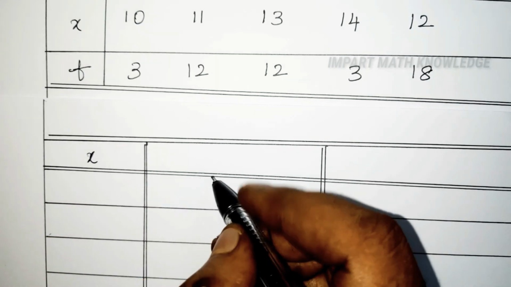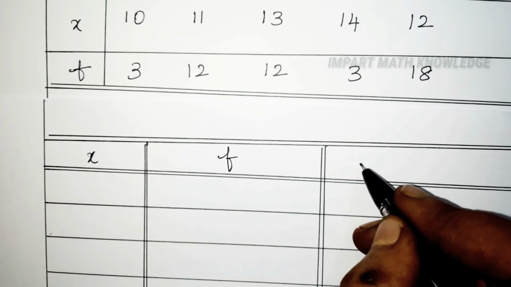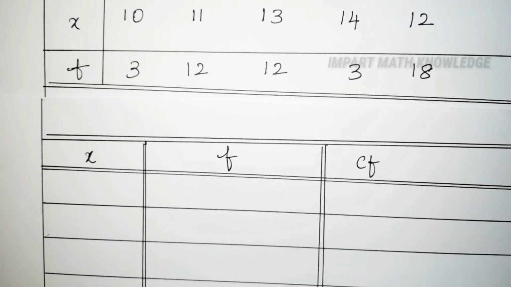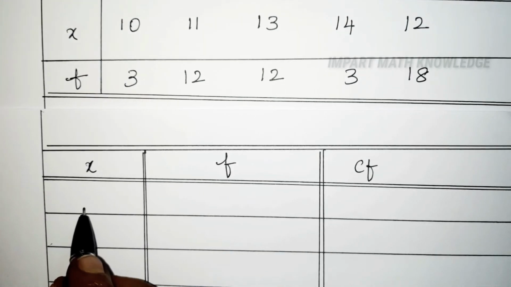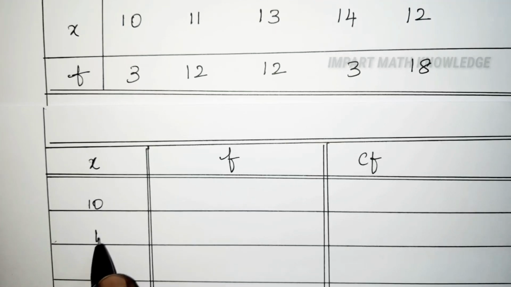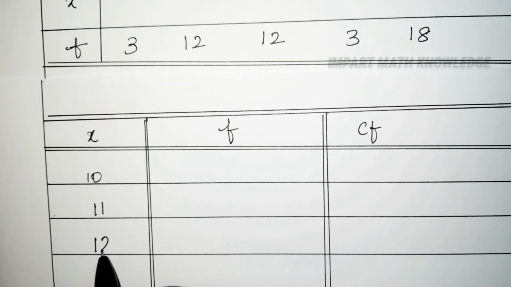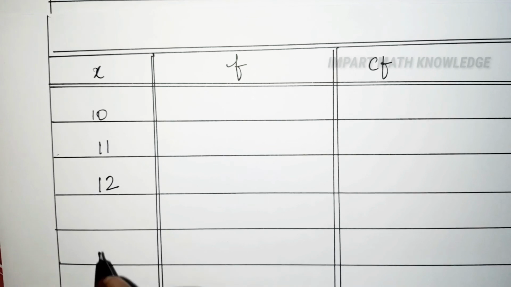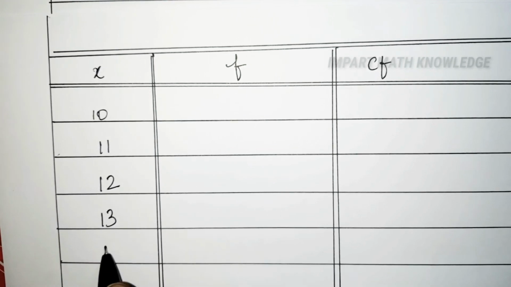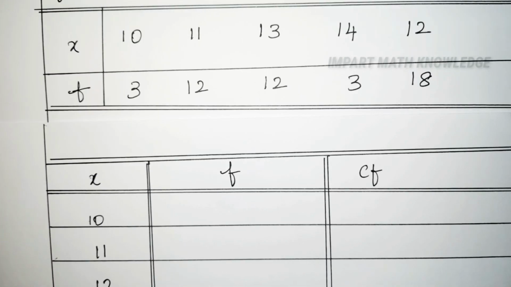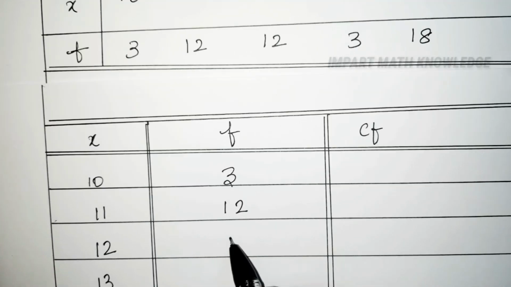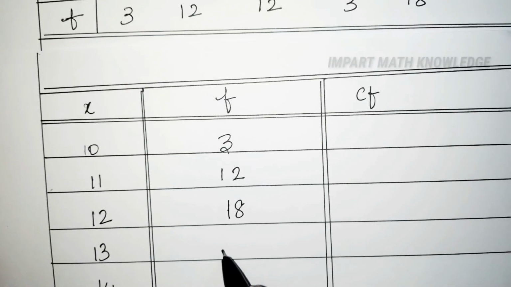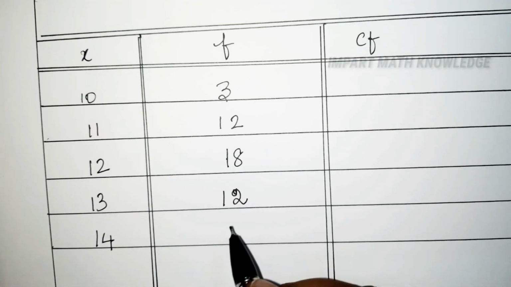We need X, F and cumulative frequency. First we have to arrange the data in ascending order: 10, 11, 12, 13, 14. The frequencies are 3, 12, 18, 12, 3.